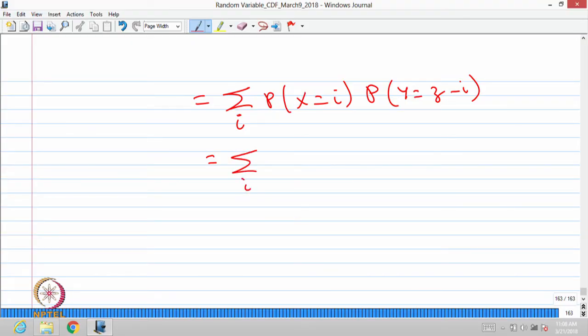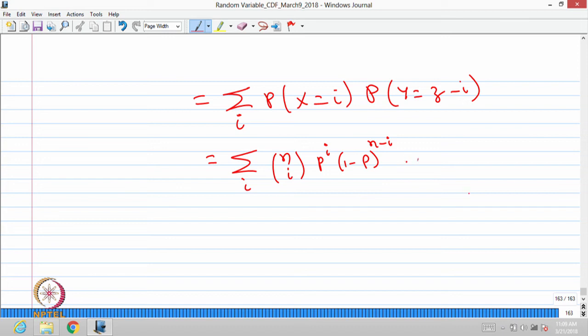So, now those who remember the probability mass function of the binomial distribution, you can directly write that is nCi p power i, 1 minus p power n minus i. This is the probability mass function for a binomial distribution with the parameters n comma p.